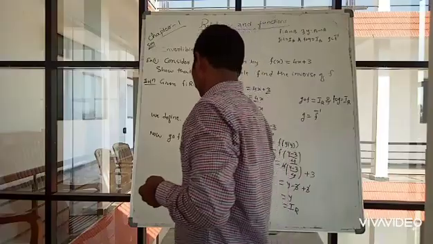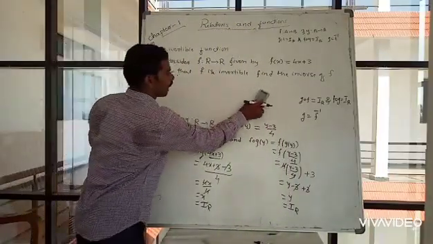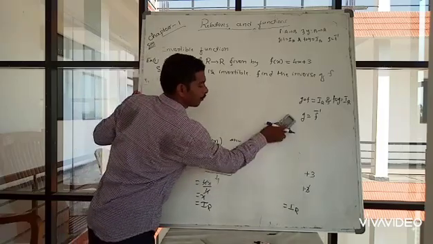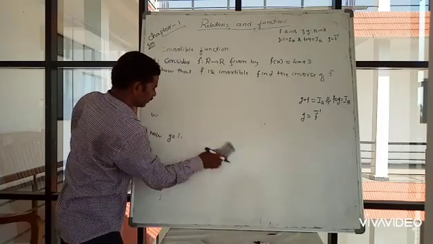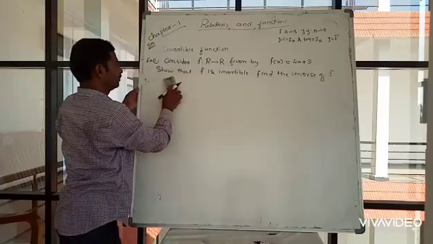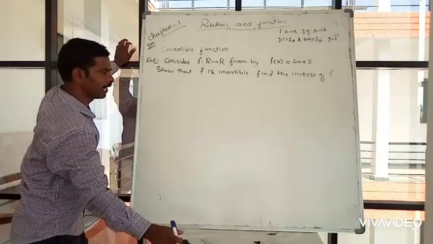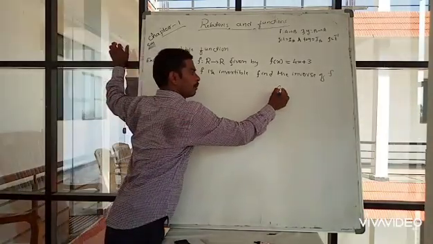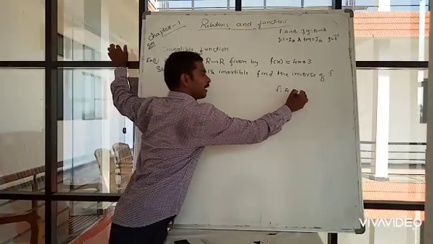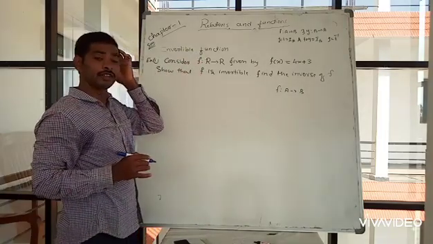You can also solve this example by using the one-one and onto method. As we discussed in the definition of an invertible function, any function f from a non-empty set capital A to capital B is said to be invertible.